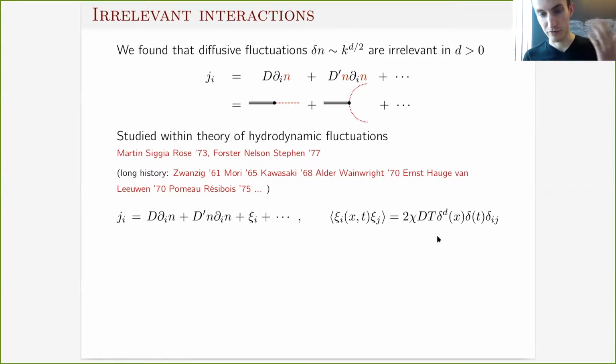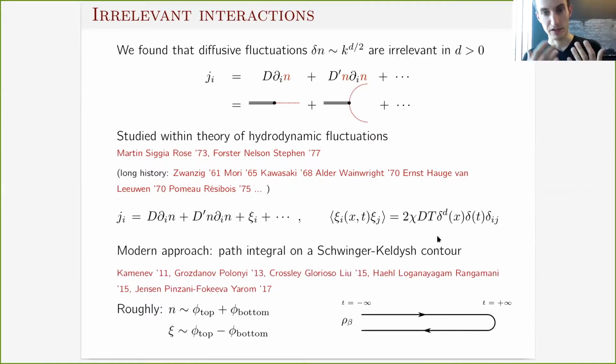Recently, there's been a revisiting of these effective field theories for fluctuating hydrodynamics. And what I really like about this more recent formulation is that it makes really clear where this doubling of degrees of freedom is coming from. Basically what they explain is that we're doing real-time, out of equilibrium thermal physics.